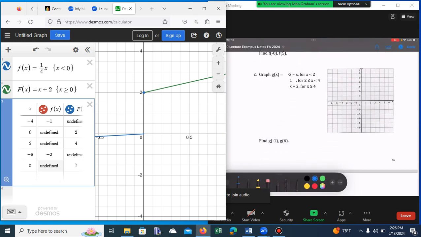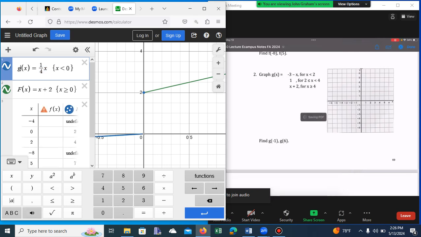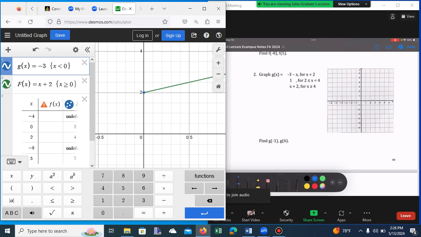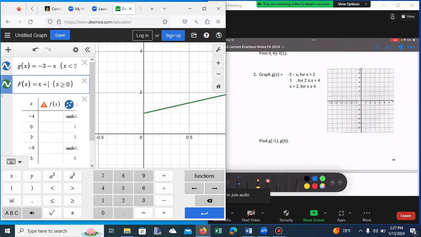We can do multiple pieces. So we'll have g of x, -3 minus x. This is going to be for x less than 2. Then 1, which I'll call capital G of x.